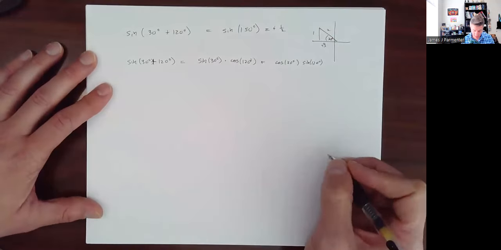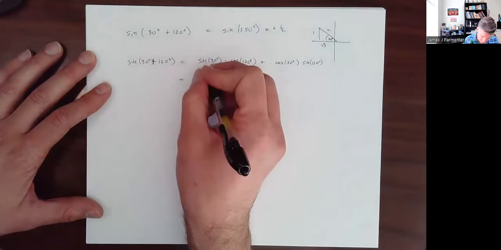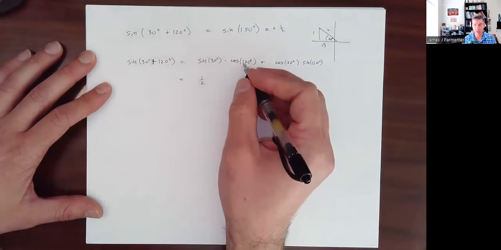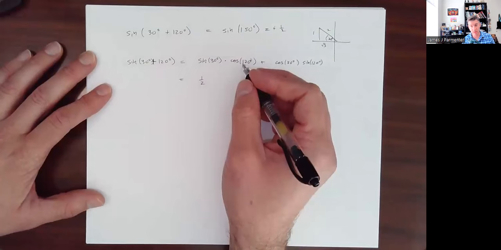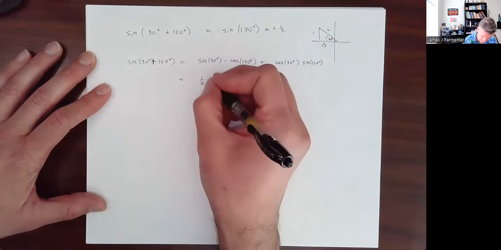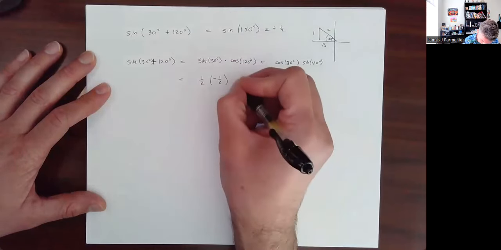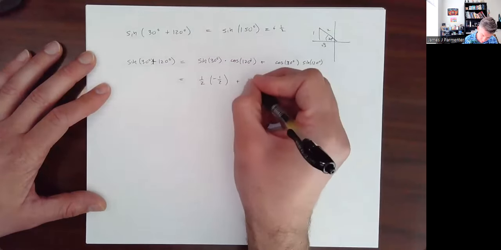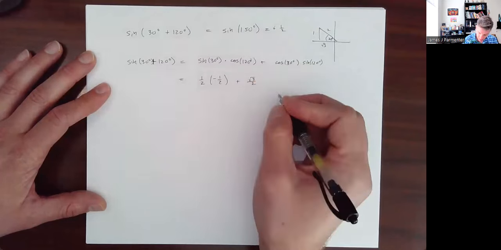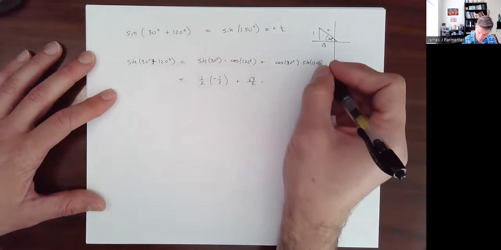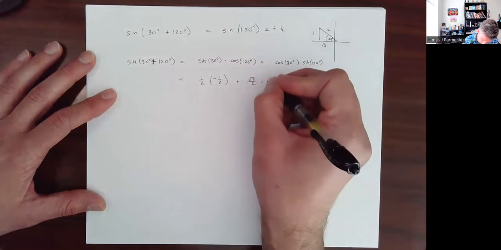Let's see if it works. Sine of 30 degrees is 1/2. Cosine of 60 degrees is 1/2, so cosine of 120 is negative 1/2. Cosine of 30 degrees is √3/2. Sine of 60 is √3/2, so sine of 120 is also positive √3/2.